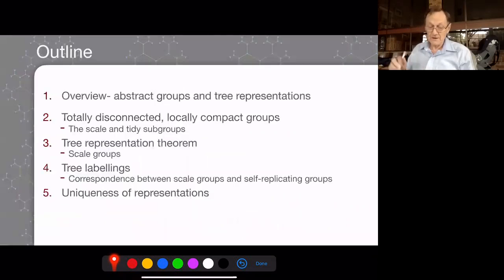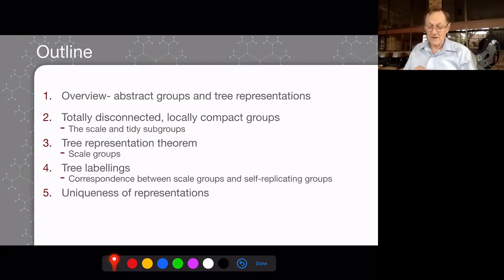Now, here's an overview of what I'm going to say. The first section is just overview. This is more or less what I've just done, explaining that table, and I'll return to that table throughout the talk. The next three sections are really going to be the bulk of the talk. I'll begin by saying something about general totally disconnected locally compact groups.